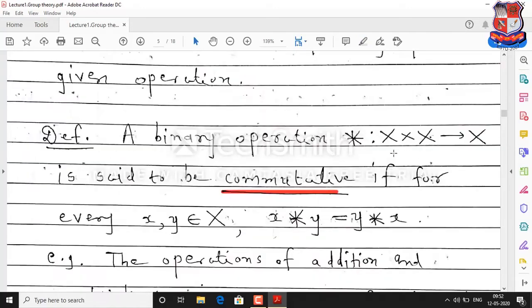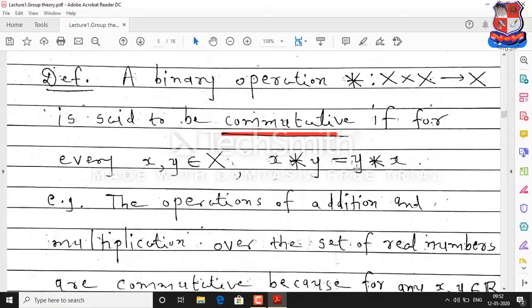Suppose star is a binary operation on set X, then this binary operation is said to be commutative if x star y is y star x.